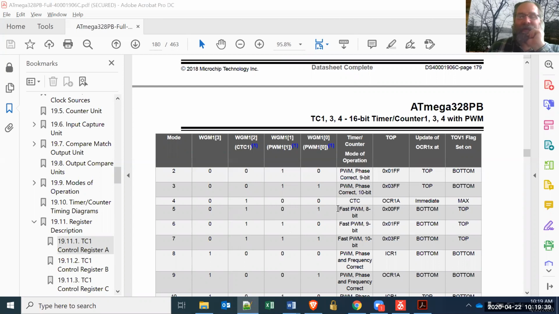In fact, fast PWM, 8 data bits, mode 5, is going to basically behave exactly the same as timer 0 did. So for the green LED, things are pretty much going to be the same, except it's mode 5 that you're going to want to set. Wave generation mode 5. Make a note of that. I'm not going to actually write that code.